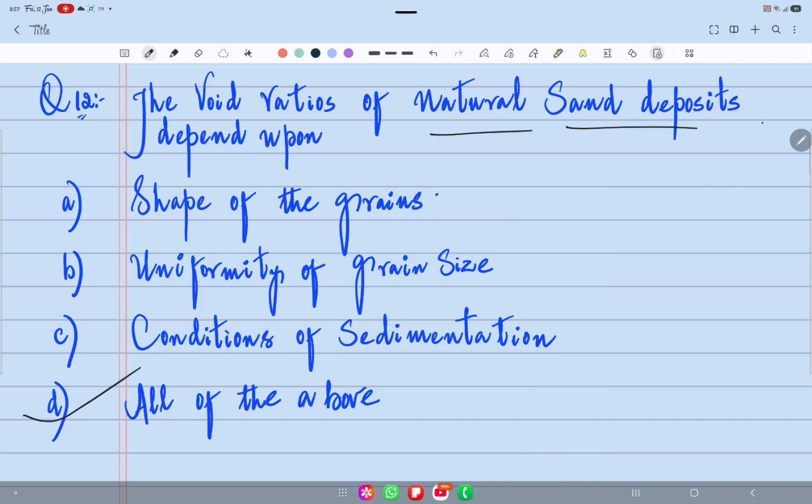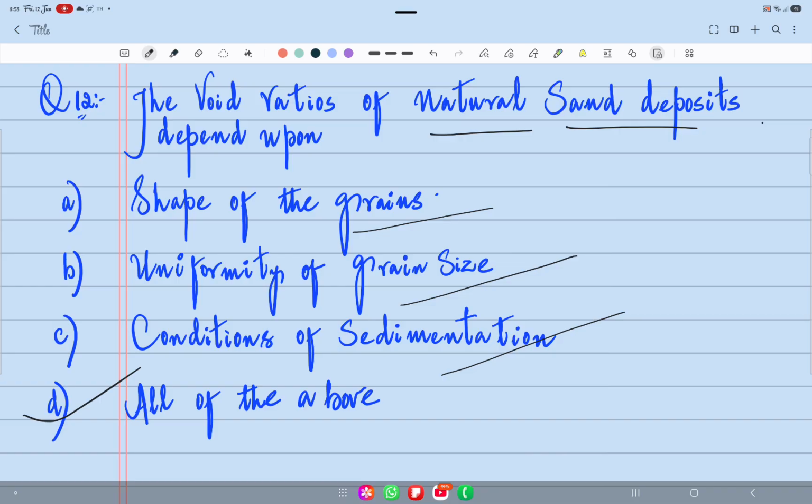So all of the above is the appropriate answer. It depends on the shape of the grains, the uniformity of the grain size, and the conditions of sedimentation as well. So option D is the correct option, all of the above.